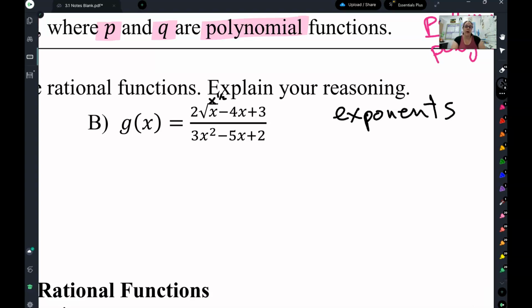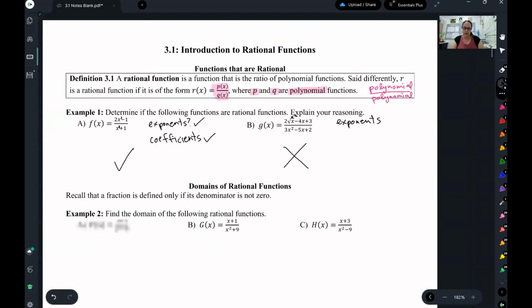Well, if I write that as x to the 1/2, then we see that that is not a positive whole number exponent. So we can say right away that the numerator is not a polynomial. Therefore, this is not a rational. If it's not a polynomial over a polynomial, it is not a rational.